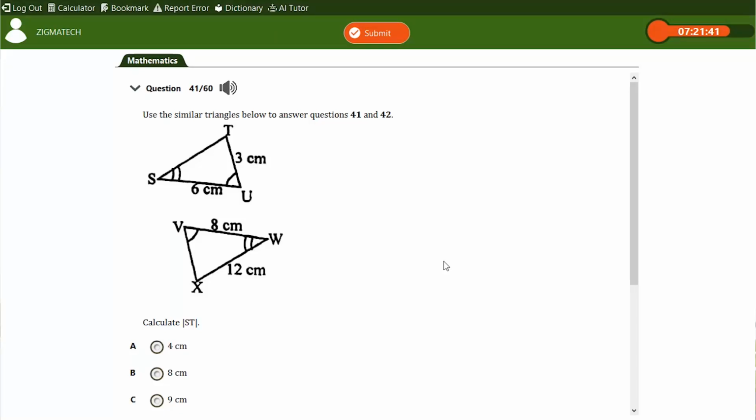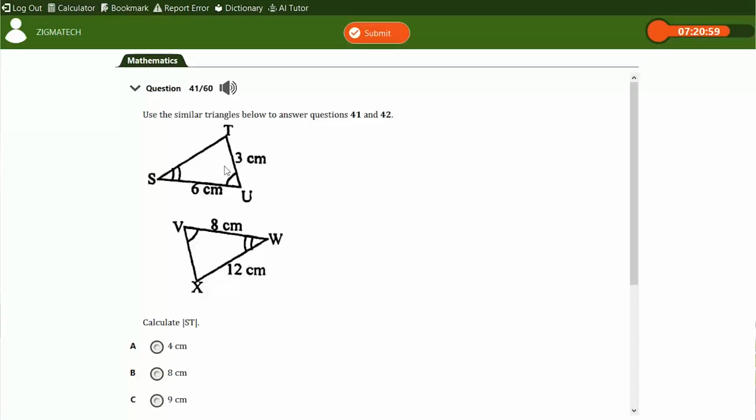So let's look at the next question. Okay, so use the similar triangles below to answer question 41 and 46.